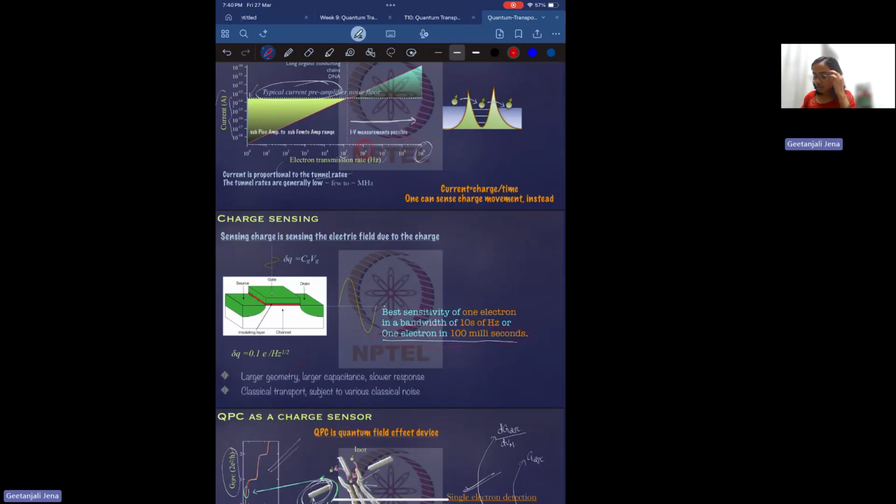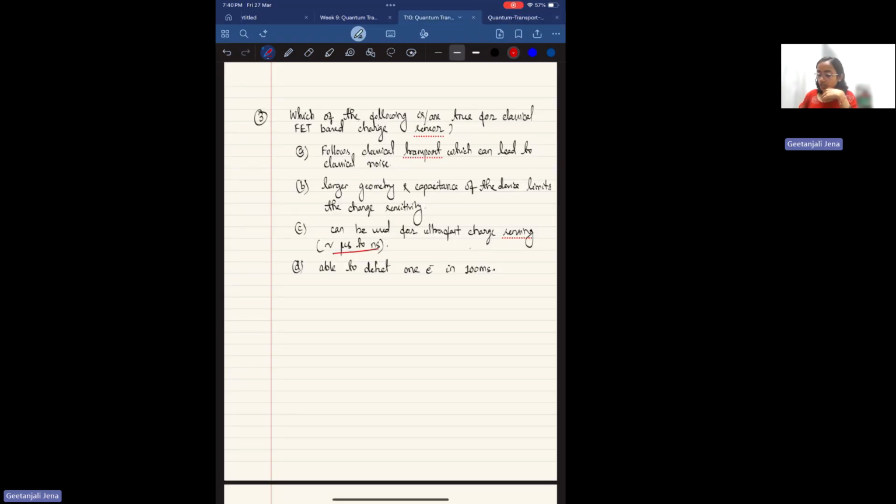And they have large geometry, they have large capacitance. So that is why the charge sensitivity gets lowered and there will be a classical noise because of this classical transport. So this option is correct. This is also correct, and we can detect one electron in 100 milliseconds.